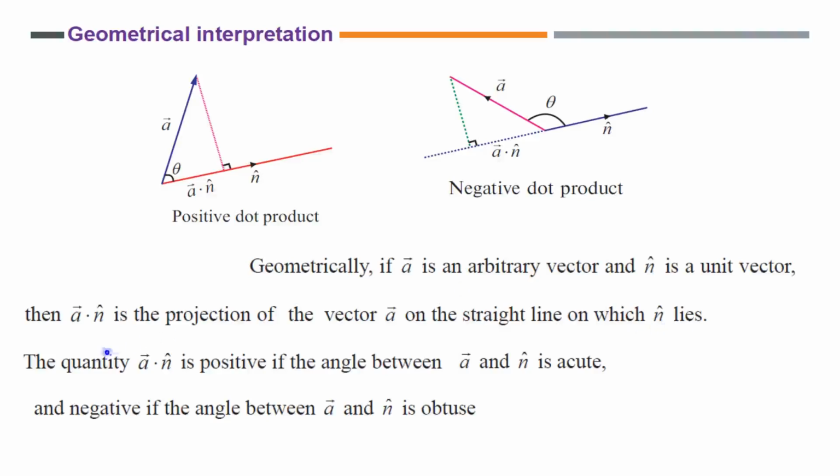The quantity a vector dot n cap is positive if the angle between a vector and n cap is acute, and negative if the angle between this a vector and this n cap vector is obtuse. That is the geometrical interpretation.